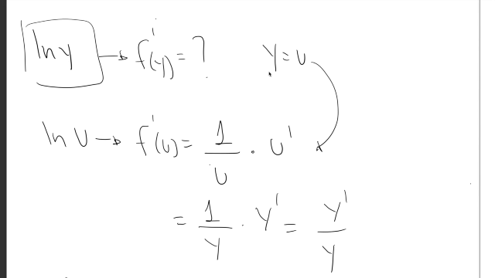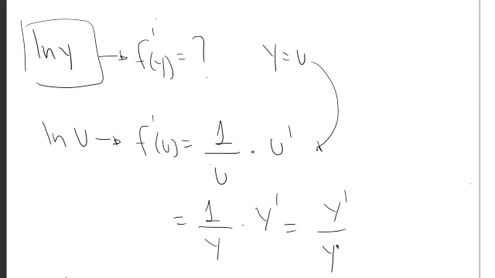Having said that, I bring the conversion back so that y was equal to u. And now instead of having 1 over u multiplied by u prime, what I'm going to have is 1 over y multiplied by y prime. Which means that the derivative of natural logarithm of y is going to be y prime over y.